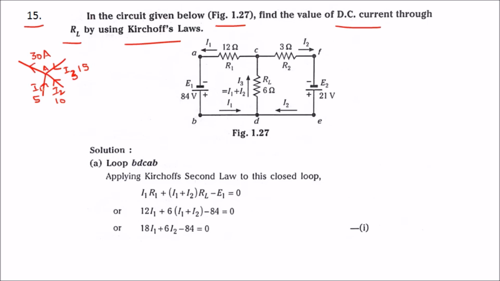The Kirchhoff voltage law states that the algebraic sum of all the EMF plus the algebraic sum of voltage drops is equal to 0. So that is EMF plus voltage drop is equal to 0. So here we will use the second law, that is Kirchhoff voltage law.